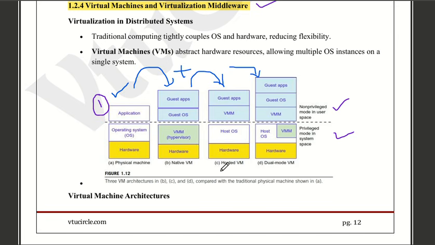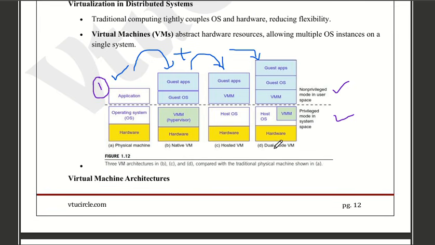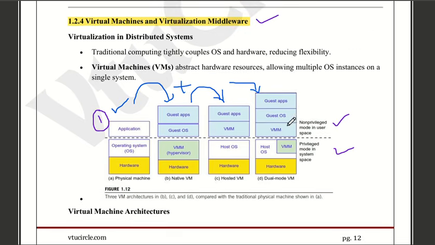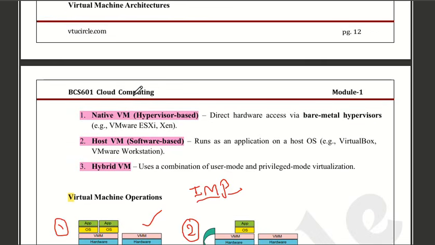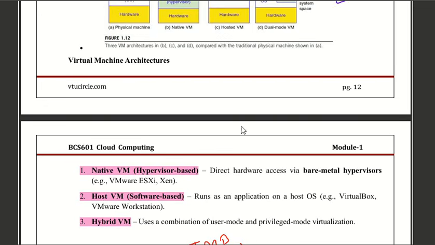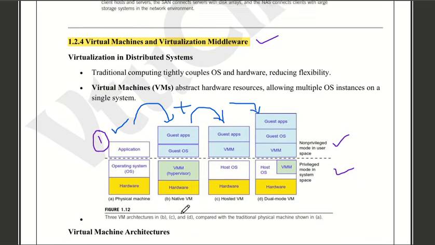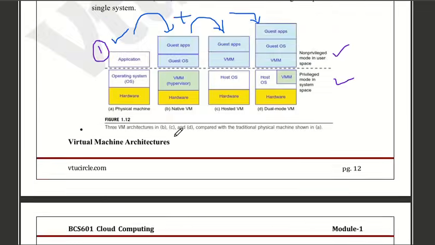In the hosted virtual machine, there is the host operating system and hardware. Then the combination of native and hosted came in the dual-mode virtual machine. You just need to explain like this, and they have given a little description here, so go through the virtual machine architectures.